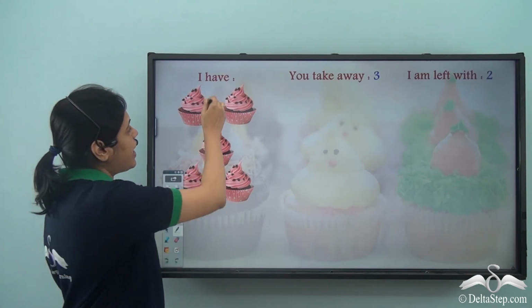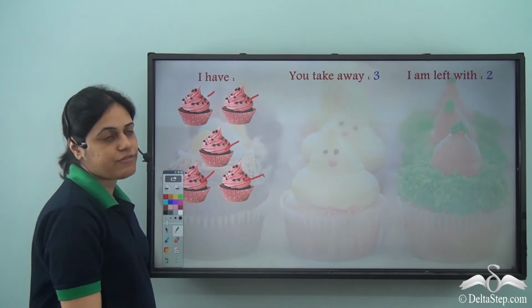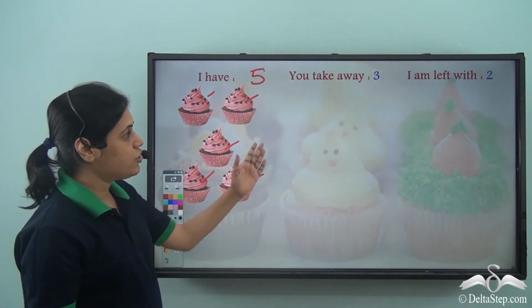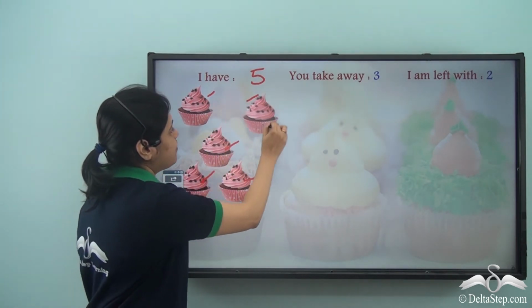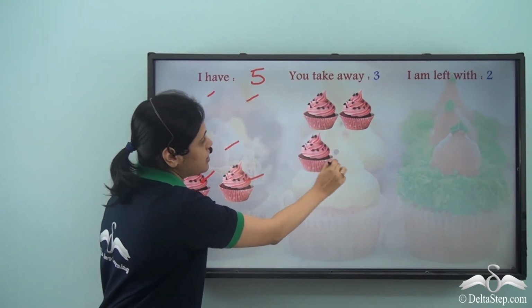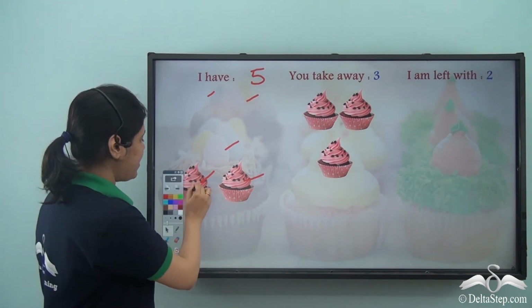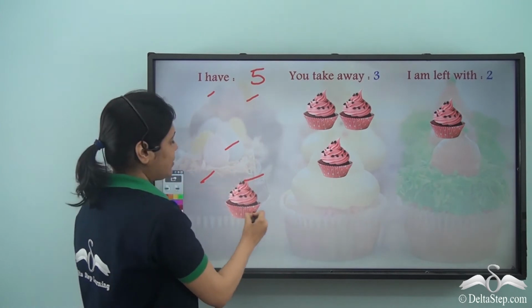Let's try out the next number. So here I have 1, 2, 3, 4, 5. I have 5 cupcakes and you take away 3 from me. So you take away this one, and this one. And what am I left with? I'm left with this and this.